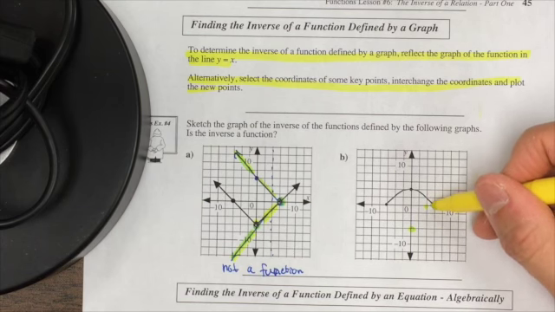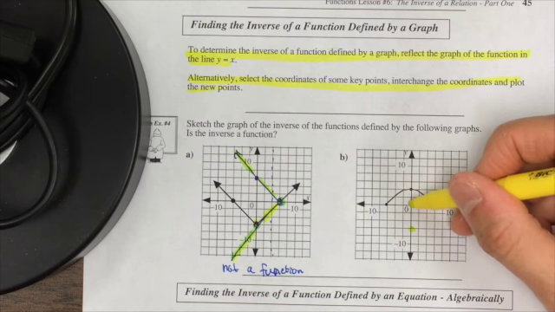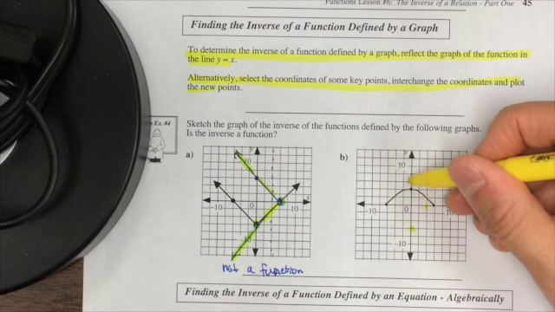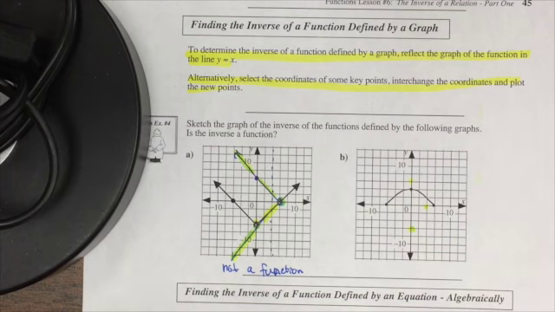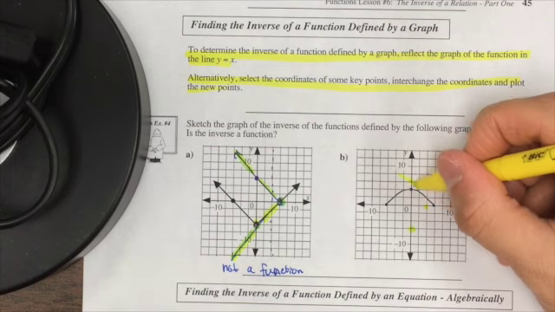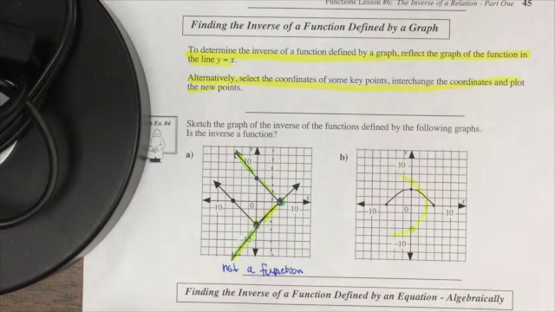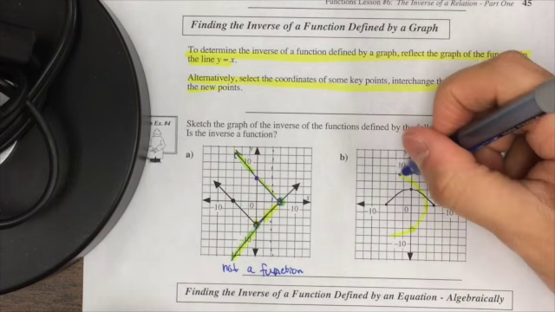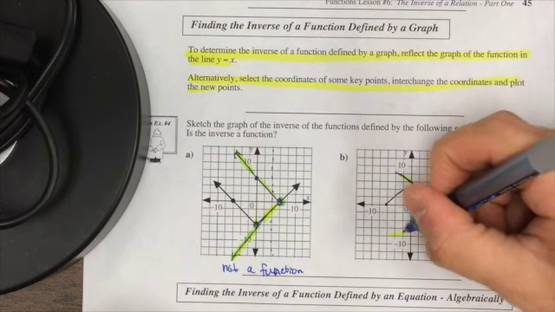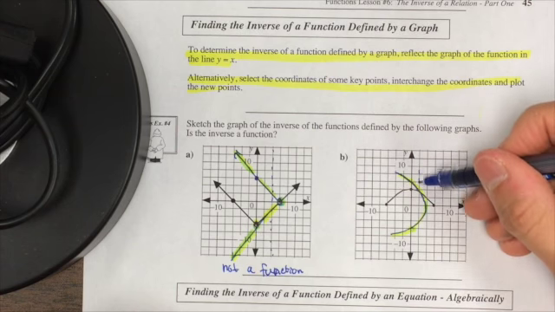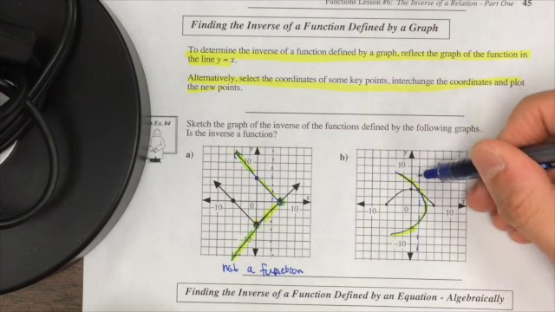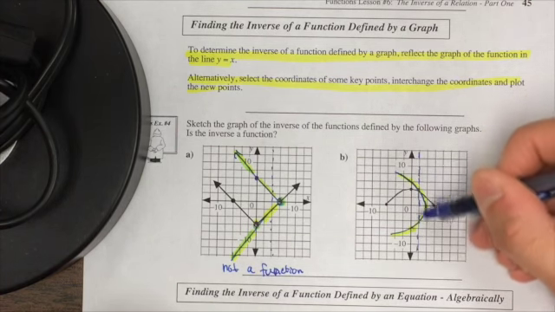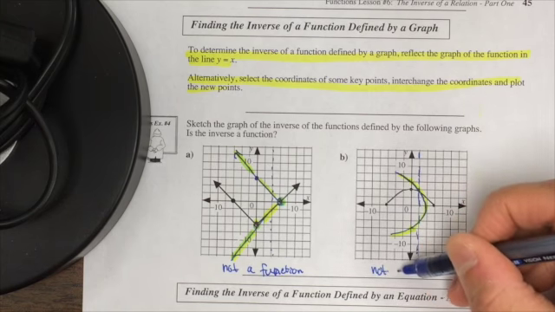It's going to become 0 and 6. So 0 and 6, like this. And so this line is going to look something like a half moon, like that. And again, it does not pass my vertical line test. And so neither of these are functions.